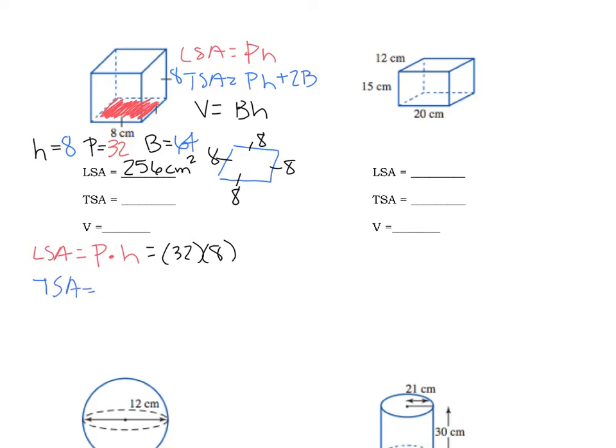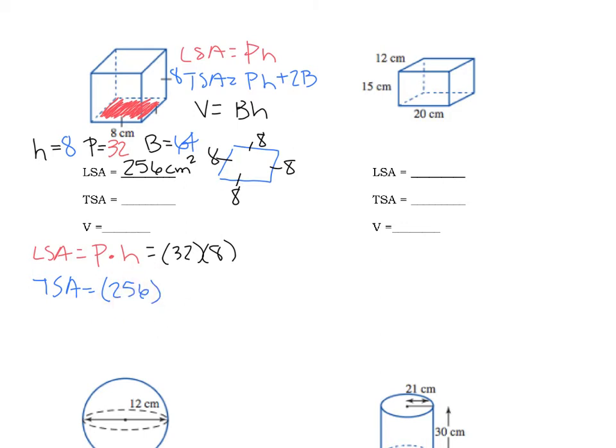Now let's move on to the total surface area. Notice the first part of the total surface area is the lateral surface area. You can either write in that value, which we already know was 256, or if you need to, take the time to rewrite capital P times H, that's totally fine. I'm going to skip that step since I know the answer.